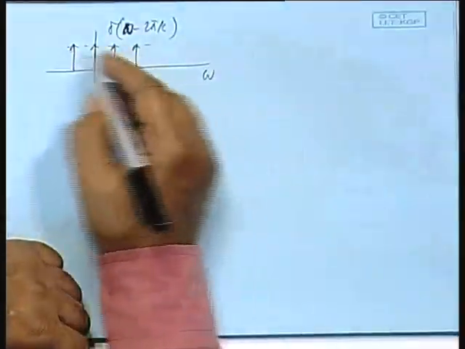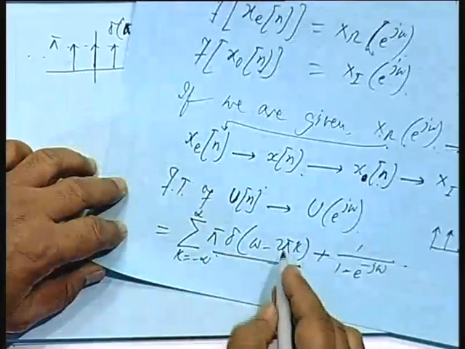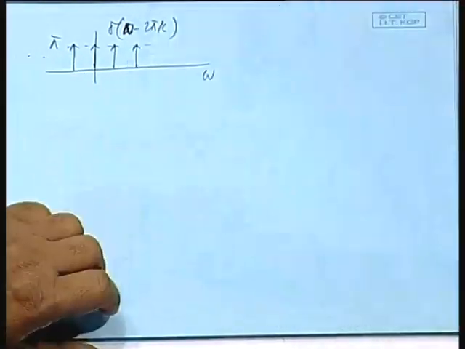So, this magnitude is π. It is this infinite sequence which will come as an additional term apart from this summation.